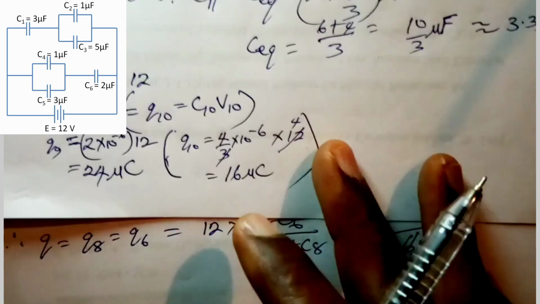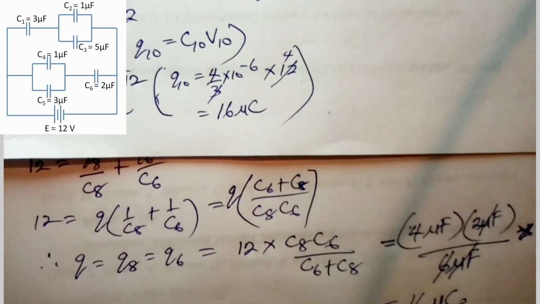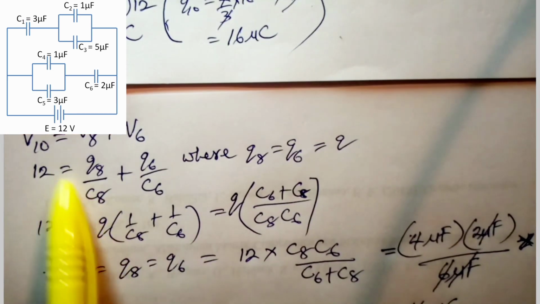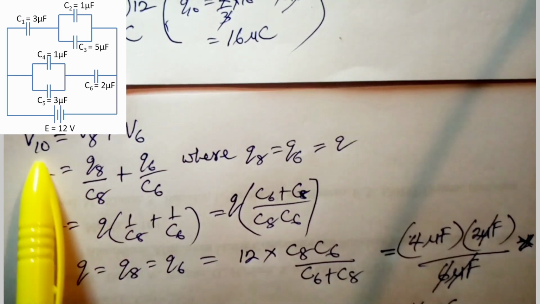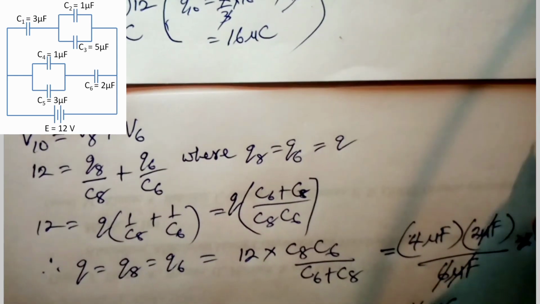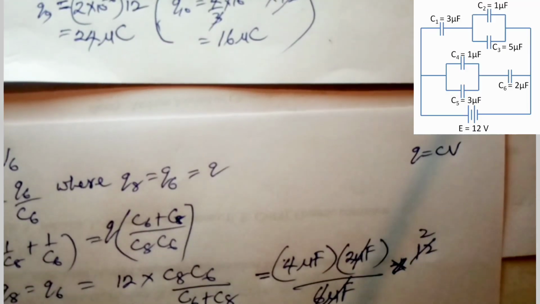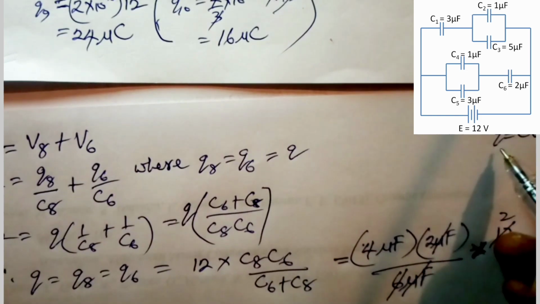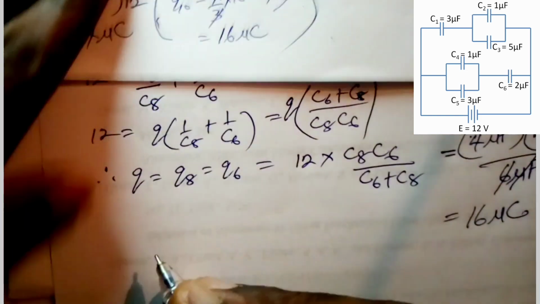So in order to get the voltage across that, just like we have said, the voltage across these two is that. So the voltage across this will be, you know that Q is equal to CV. So if we know Q, we want to know V6.